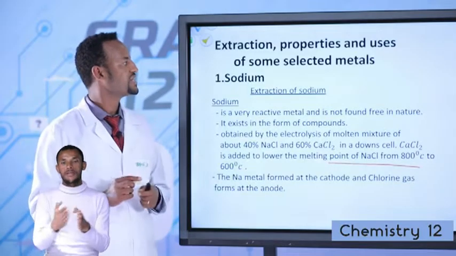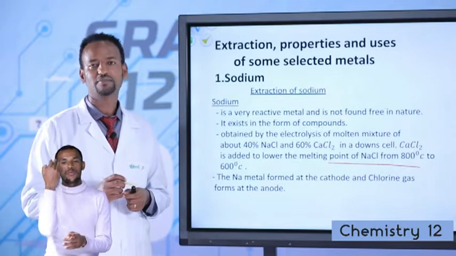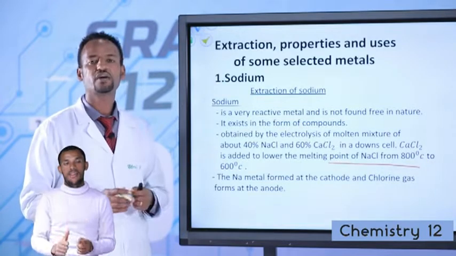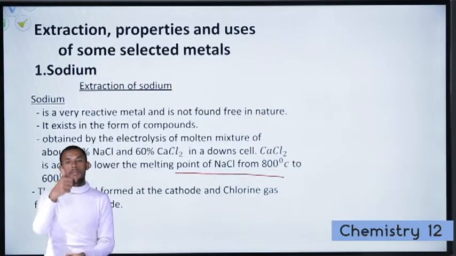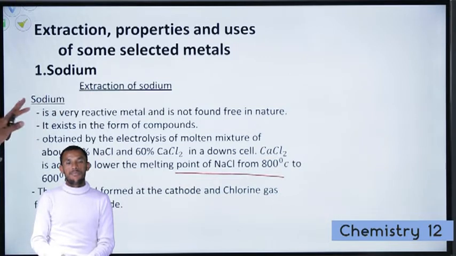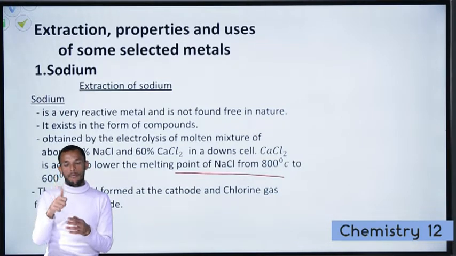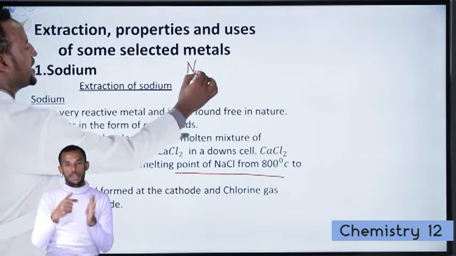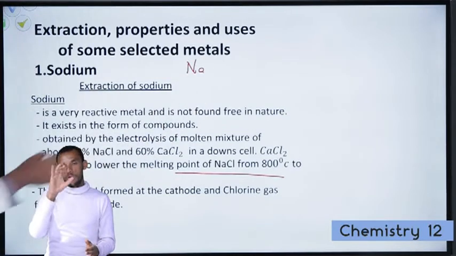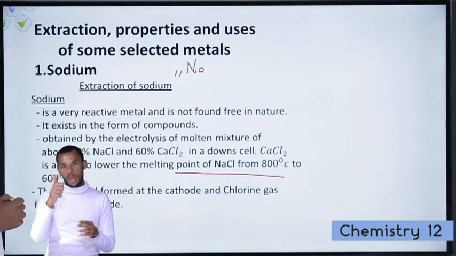Extraction, properties, and uses of some selected metals. The first one is sodium. Extraction of sodium. First, sodium, the symbol is Na. Sodium is atomic number 11.